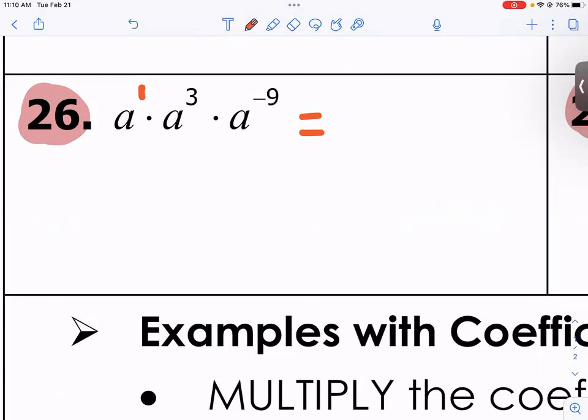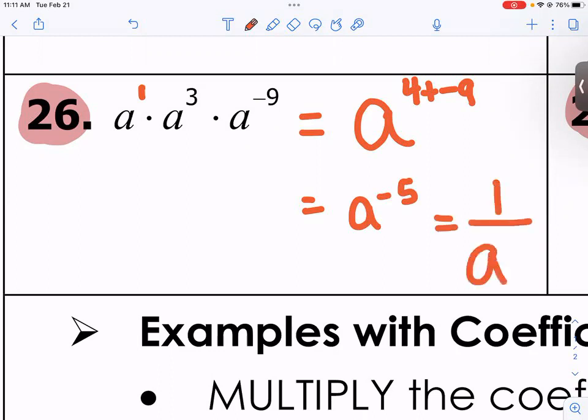Oh, whoops. So this would be 8 to the what power? Help me out. What's 1 plus 3? And what's 4 plus -9? -5. Okay, please make sure that we rewrite this to be 1 over a to the 5th.